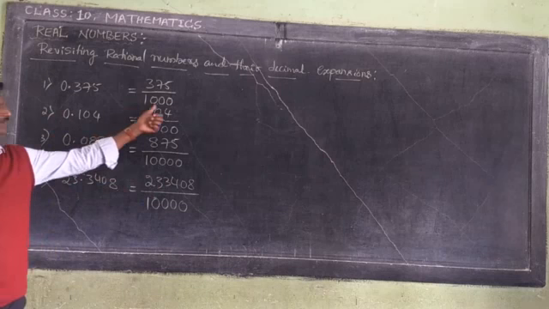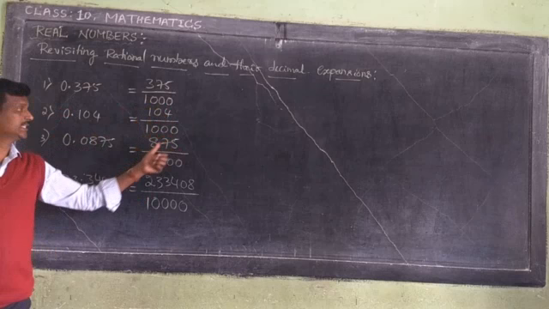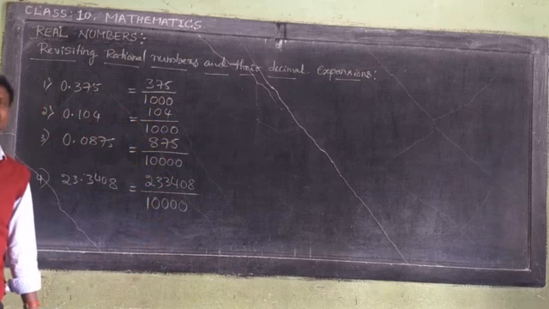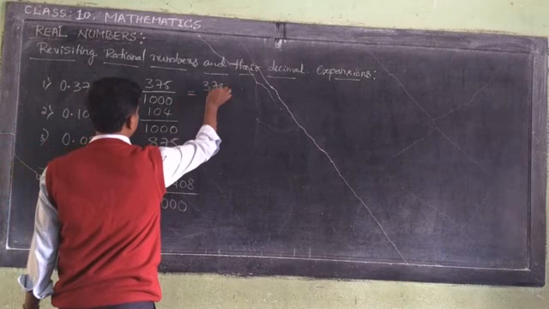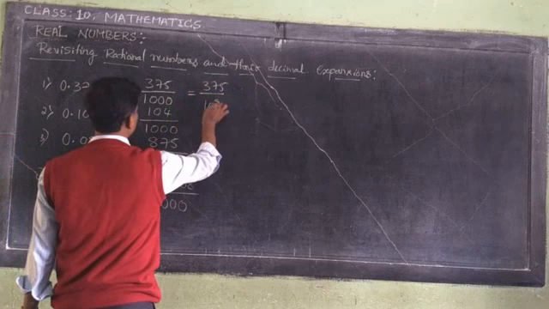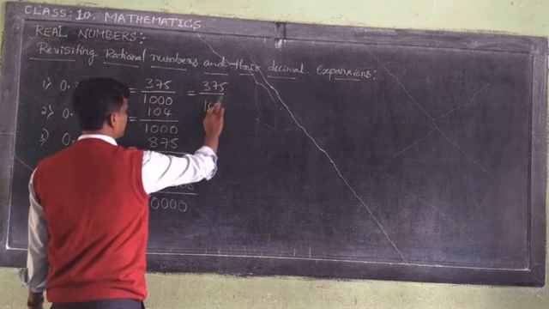Observing the denominators: 735 divided by 10 to the power of 3. 1000 means 10 into 10 into 10, 10 to the power of 3.